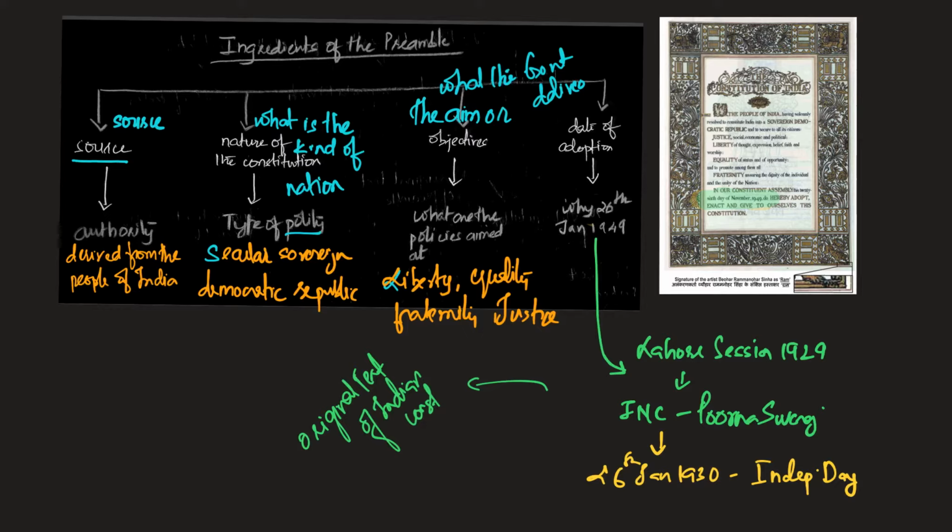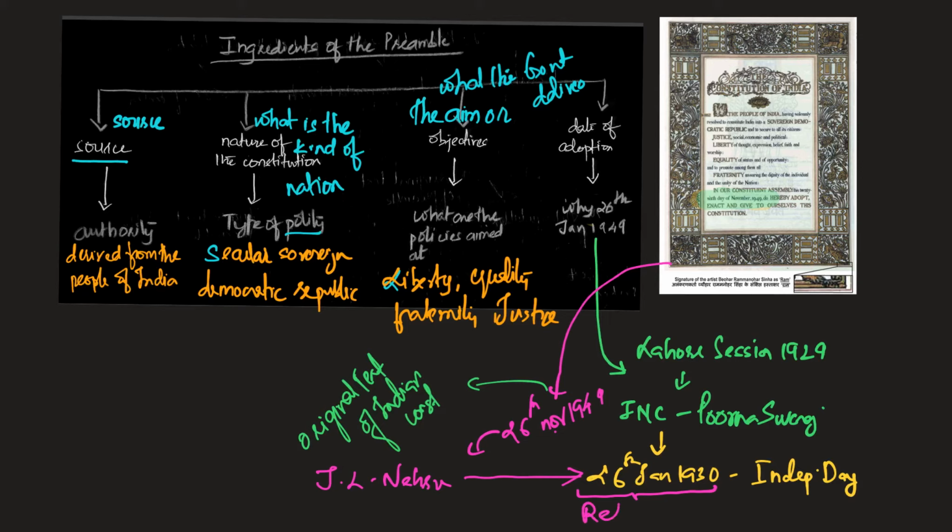Keeping this day in mind, though the constitution was adopted on 26th November 1949, it was under the insistence of then Prime Minister Jawaharlal Nehru that the date was kept as 26th January 1930. Adopting and enacting the constitution was already done, but some basic points were kept reserved for the passing of Republic Day.